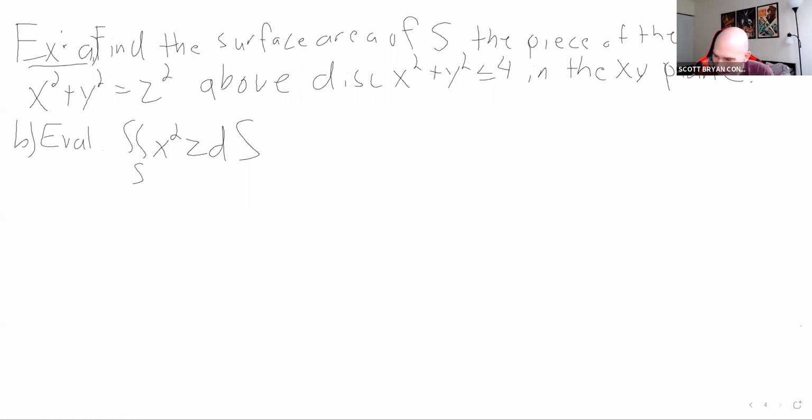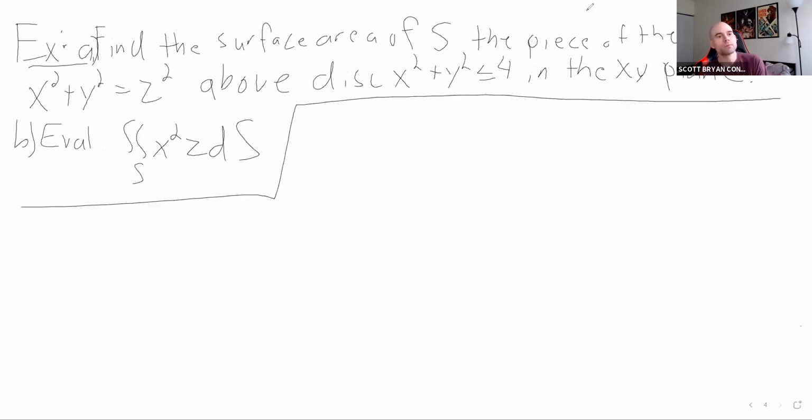So, as will basically always be the case with surface integrals, the most crucial step is correctly parameterizing your surface. Because if you don't correctly parameterize your surface, everything that follows after is going to be off. Okay. So we saw we have really kind of two options for parameterizing surfaces.